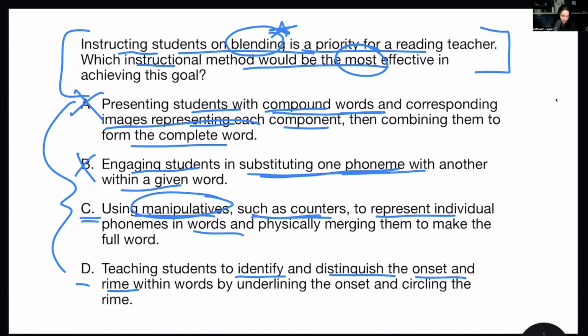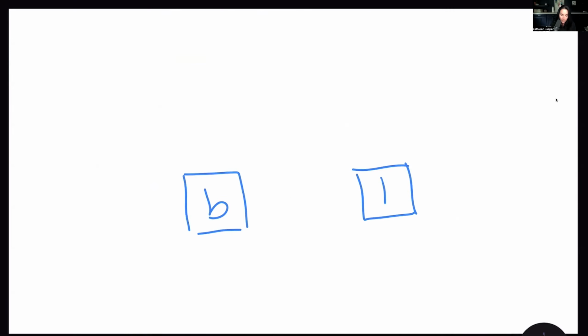Okay, let's see what that looks like. So let's say that I have two counters here. They come in all shapes and sizes, and I'm doing a very simple one. There can be more than two here. There could be 3 or 4 counters with different phonemes on them, but let's just pretend that we have the B and the ul sound, and we want students to use their fingers to smush them together, doing a hands-on activity, which helps to visualize what's going on in order to make the bull sound together.